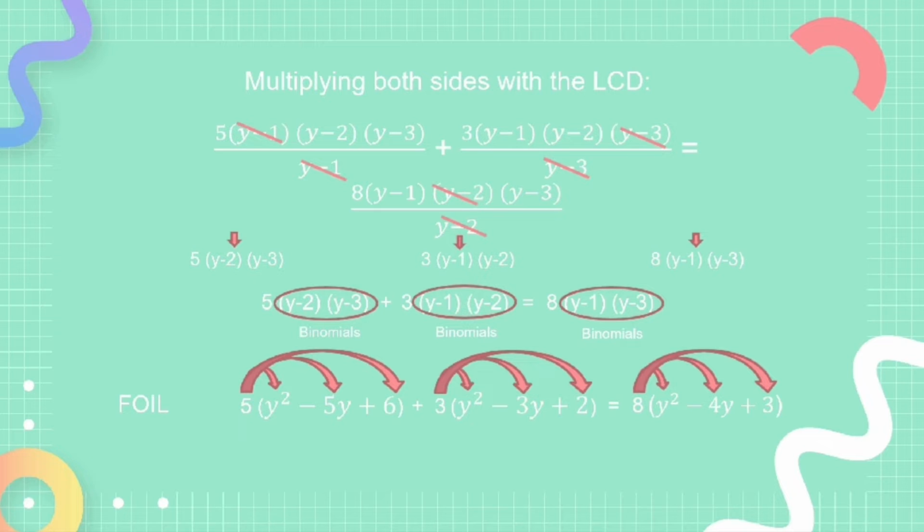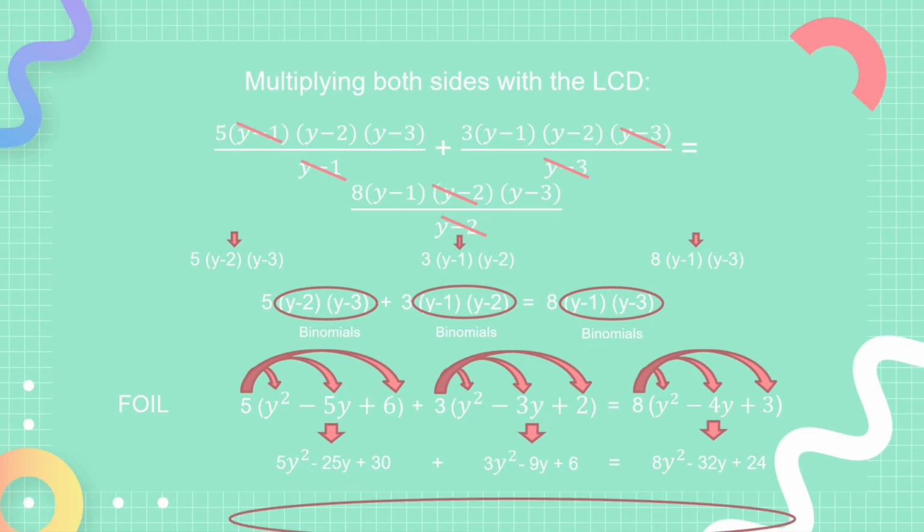Then finally, 8 to y squared, negative 4y and 3, which will give us the result of 5y to the power of 2 minus 25y plus 30 plus 3y to the power of 2 minus 9y plus 6 is equal to 8y to the power of 2 minus 32y plus 24.